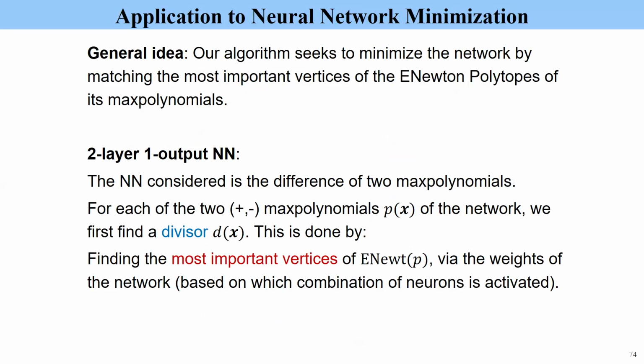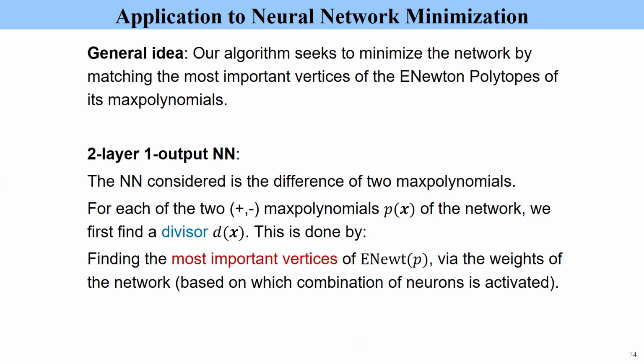So how do we apply that to neural net minimization, which is a big problem of great importance in machine learning? Because modern neural nets have billions or trillions of parameters. How do you minimize them? Let's take the example of a 2-layer neural net with 1 output. For every neural net node, we can formulate it as the difference of two max polynomials.